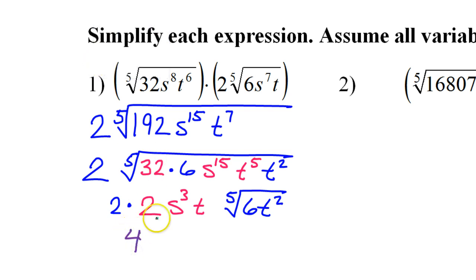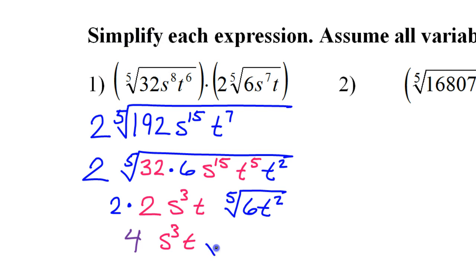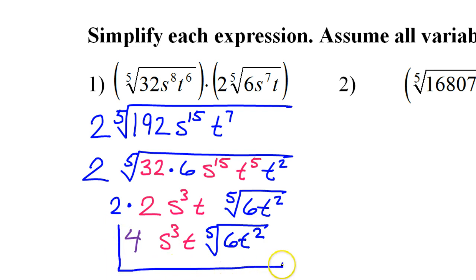So we will have 4, and then the rest of it, s to the 3rd power t, and then the fifth root of 6t squared. So this will be the final answer for number 1.